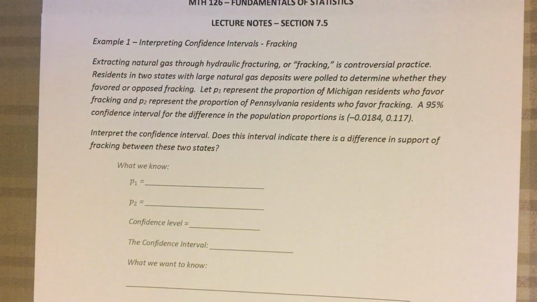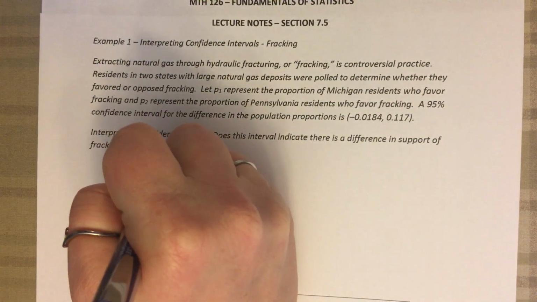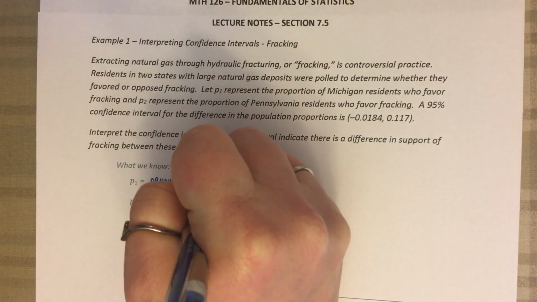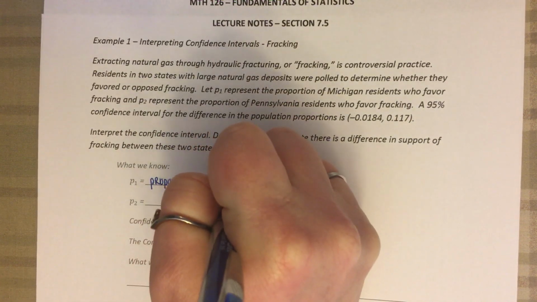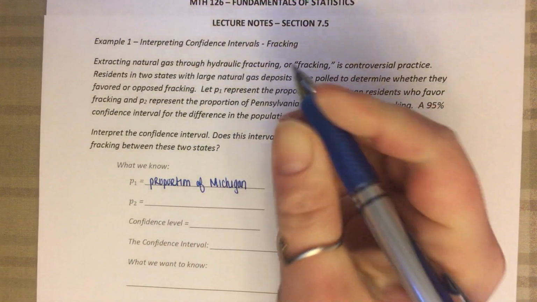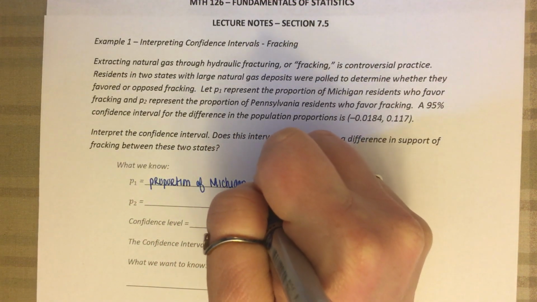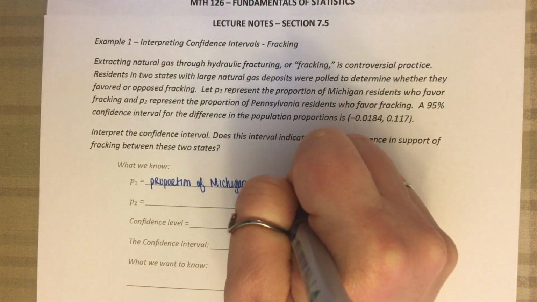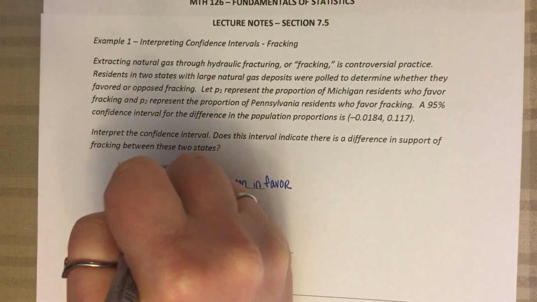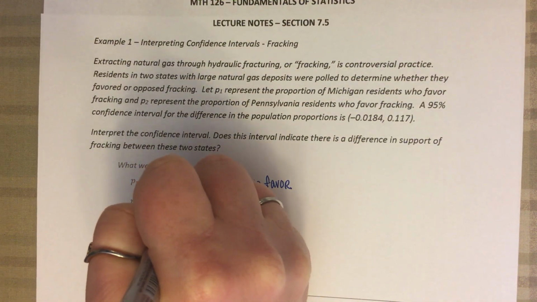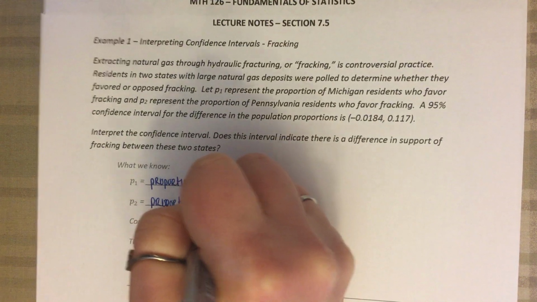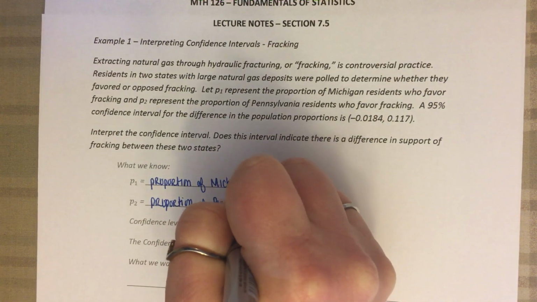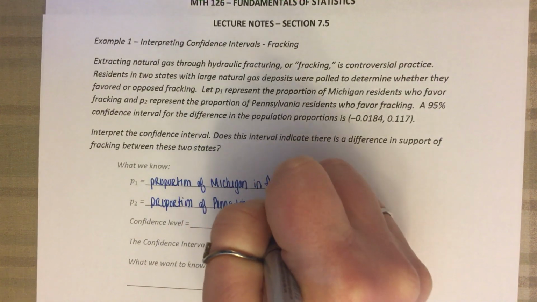P1 is our proportion of Michigan residents who favor fracking, and P2 is our proportion of Pennsylvania residents in favor of fracking.